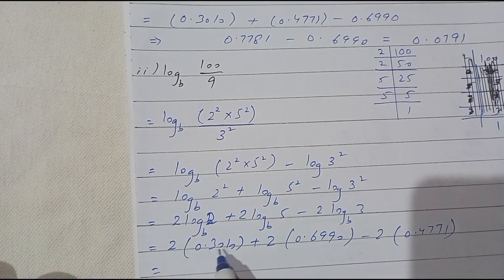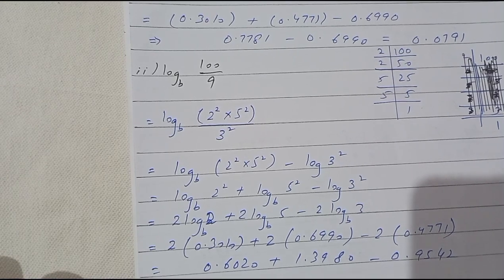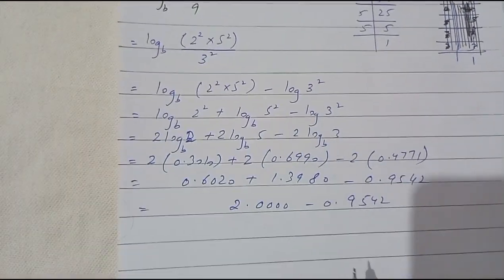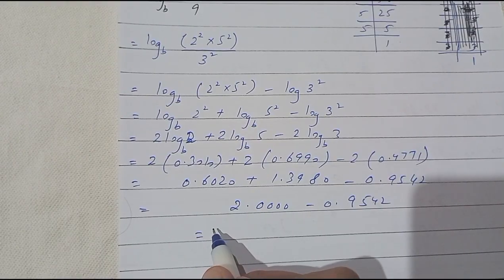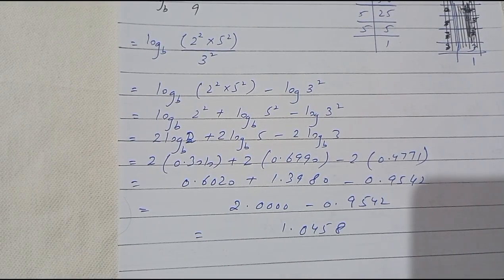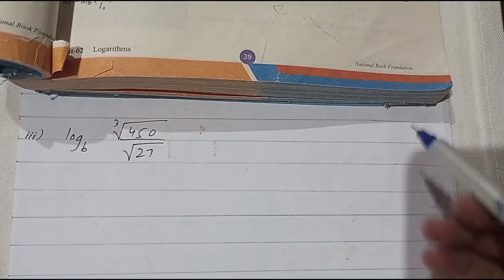Now multiplying 2 with the values, we get 0.6020, 1.3980 and 0.9542. Now adding the first two, we get 2, minus 0.9542, and subtracting we will get the answer 1.0458.